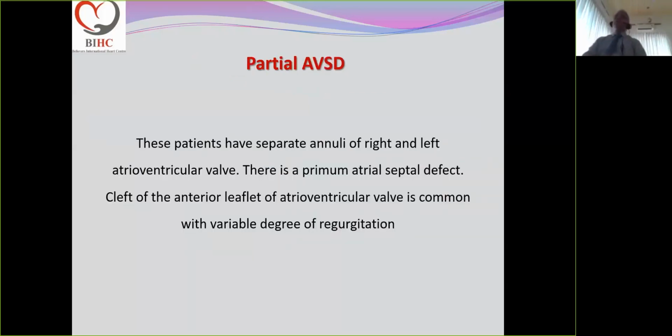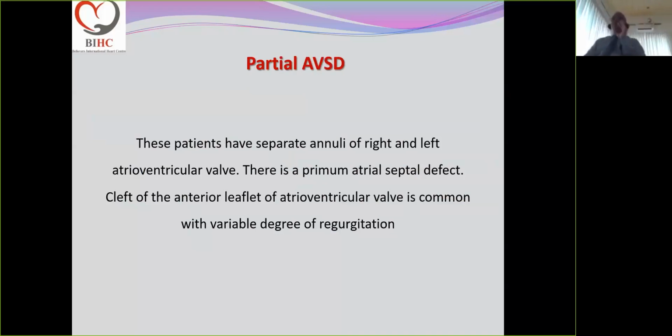If that is not the case, you have a partial AV septal defect. What do we mean by that? AV valves are separate. They're divided and attached. So you can say that there is a mitral valve and there is a tricuspid valve. The most common form of a partial AV septal defect is an ostium primum ASD. There is no VSD.